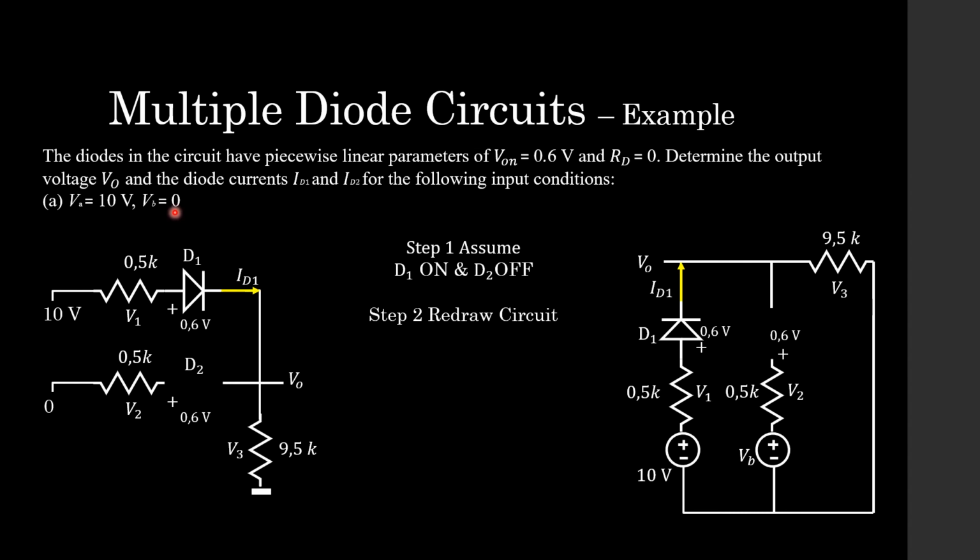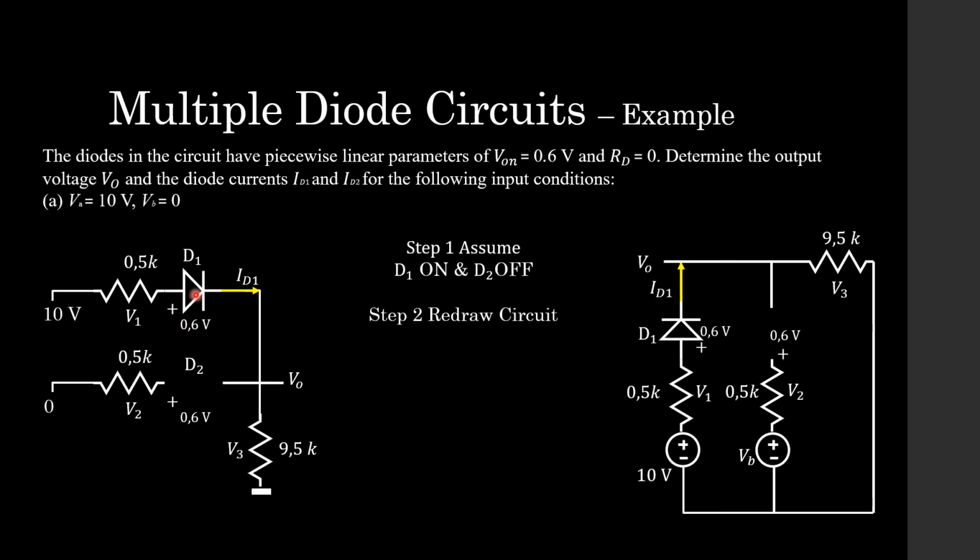If we know that our voltage VB is equal to 0, that's the voltage over here, it's a good assumption that perhaps this diode D2 is going to be off, because we know that in order for this diode to be on, it needs to have a positive voltage at the anode, which is greater than or equal to the diode on voltage of 0.6 volts. So if we are already starting off with a voltage of 0 volts at this point here, connected through a resistor to the diode, I think it's a good assumption that this diode's most probably going to be off.